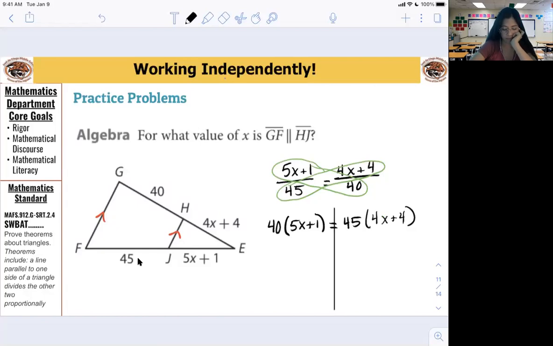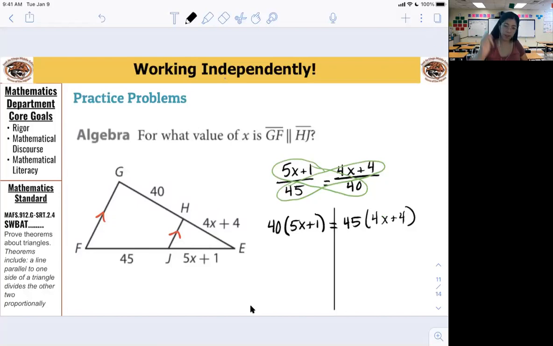Miss, I got 7. All right, so let's check it out.